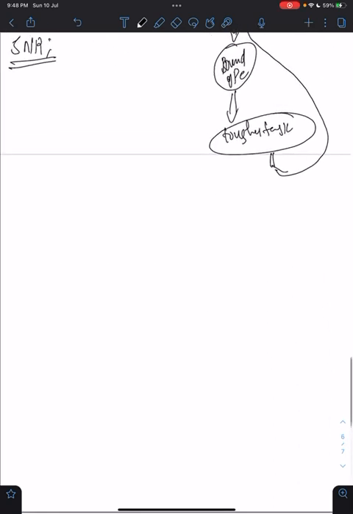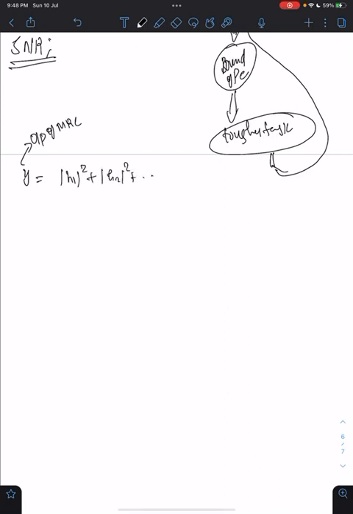All right. So start with the equation y equals, this is the output of MRC, h1 square, h2 square, and so on, hl square into x plus h1 star n1 plus h2 star n2 and so on, hl star nl. Right? What is the SNR?